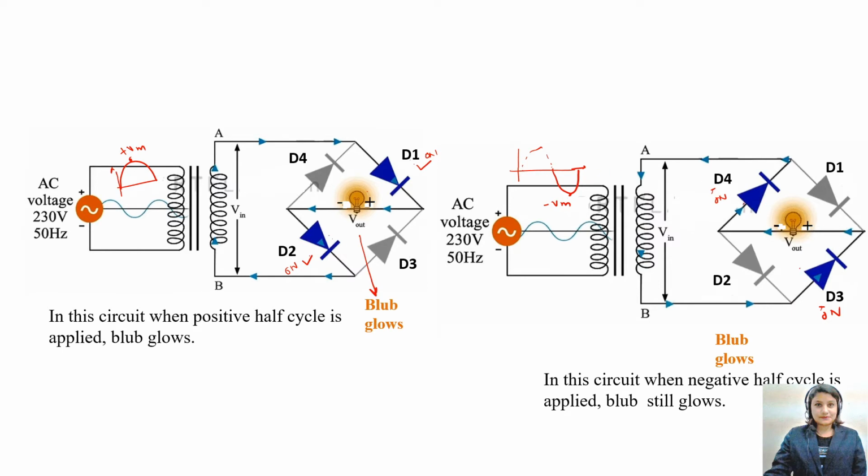See the direction of the current. Once again, the current is flowing through the bulb, and that is why in negative cycles also the bulb glows. So why this happens, let us see in depth.